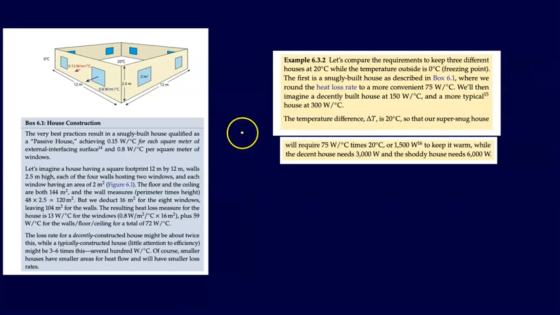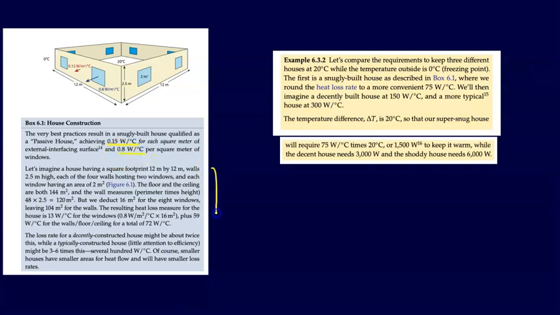What they're saying here is that we lose 0.15 watts per temperature difference for each square meter of external-facing surface. So basically when there's a temperature difference between the house and the outside, you're going to lose energy, and it depends on the degrees Celsius. You've got some for the actual walls and ceilings, and some for the windows.